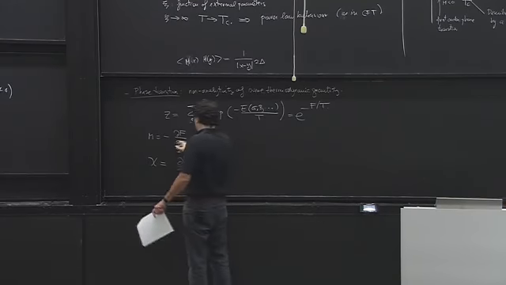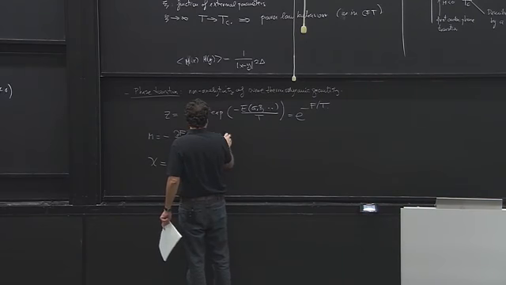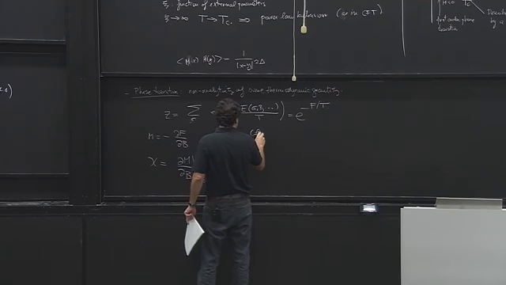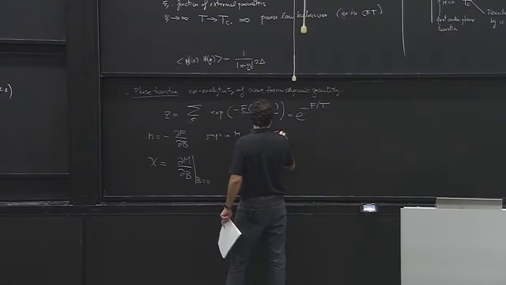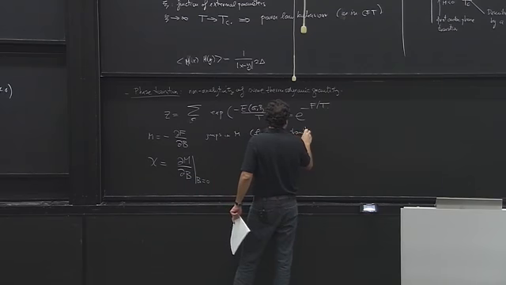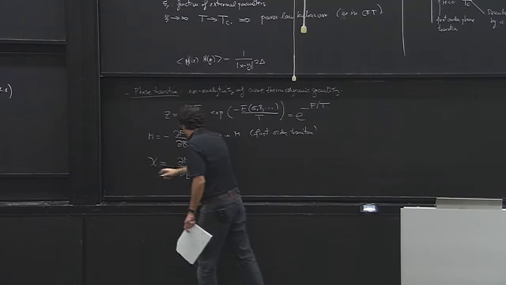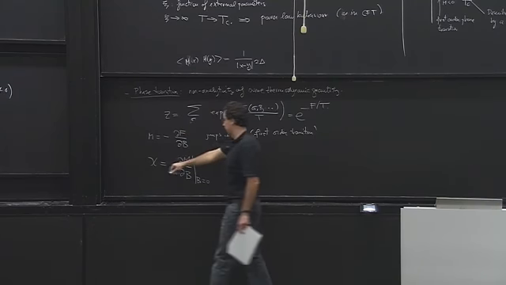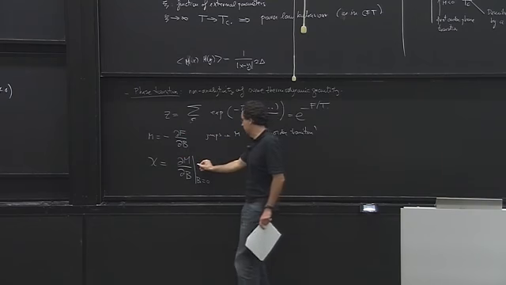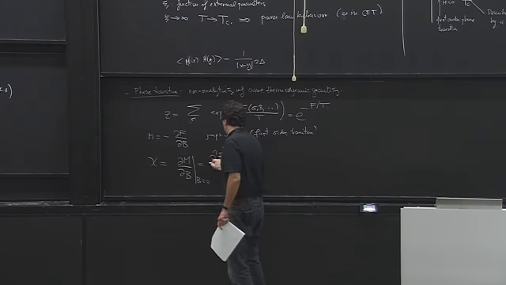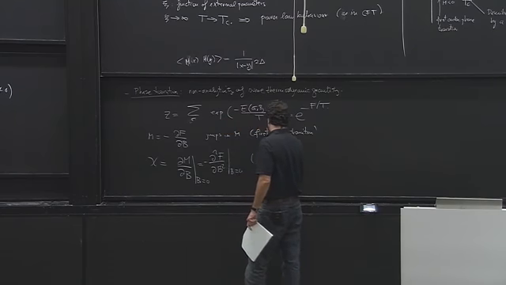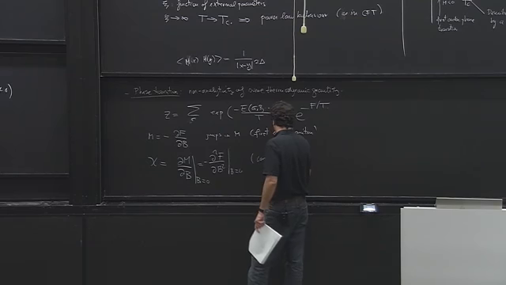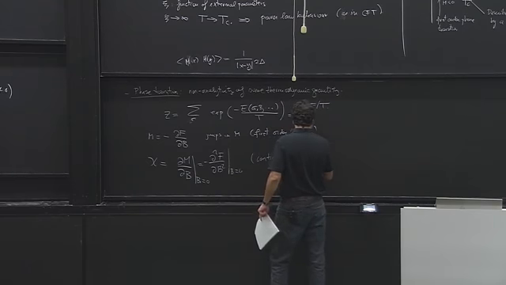So jumps in M are the characterization of the first order phase transition. While singularities in the quantities which are second order in the free energy are these continuous phase transitions. It can be second order or higher. Okay.